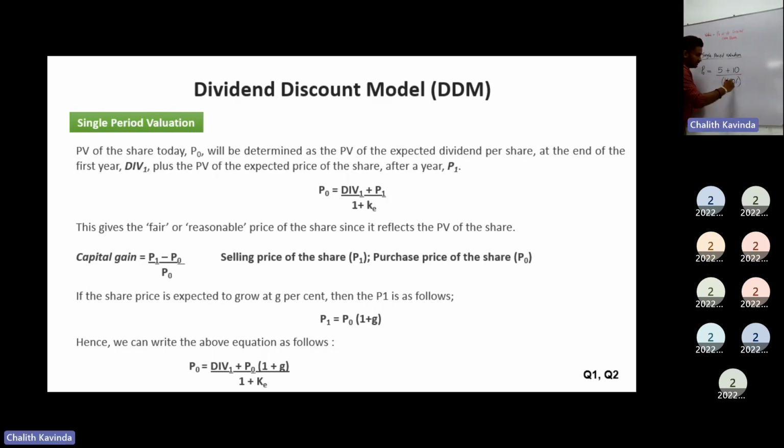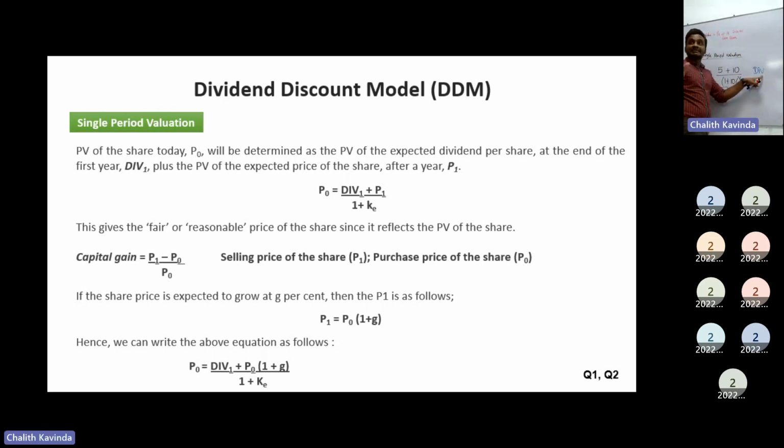This is a single period valuation. Accordingly, you can determine the value of the share. Clear? Very simple. Now, we can convert this.